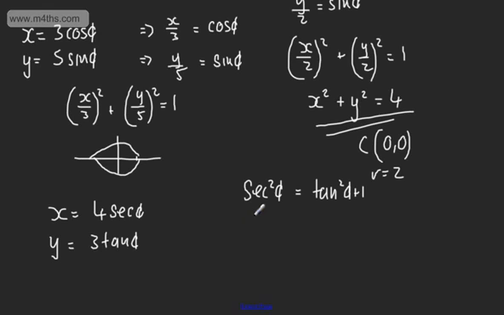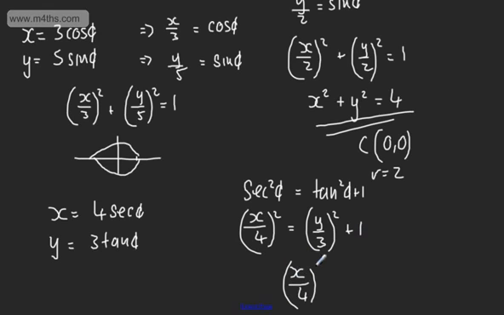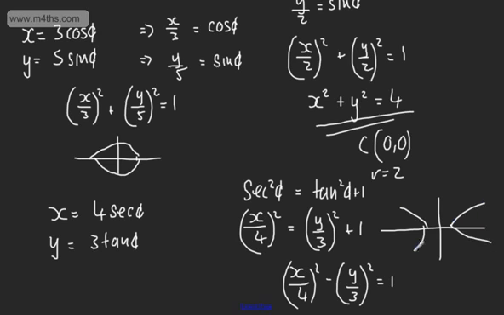Therefore, I can say (x over 4) squared will be equal now to (y over 3) squared plus 1. And we can rewrite this now as (x over 4) squared minus (y over 3) squared will be equal to 1, which gives us a hyperbola, which will look something, give or take, like so. So that again shows we can eliminate the parameter using a trig identity.